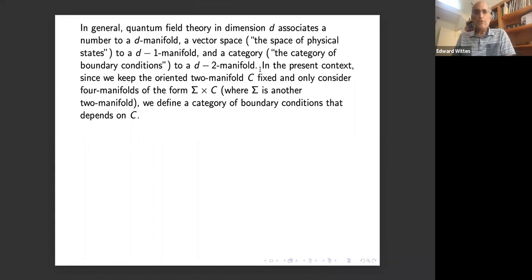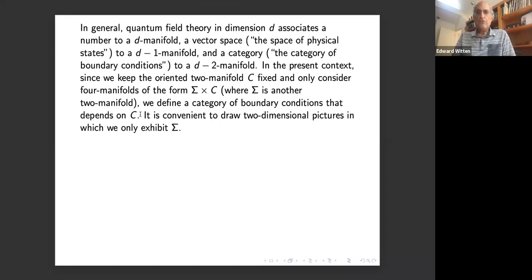In the present context, we will keep fixed an oriented 2-manifold C. So we will only consider 4-manifolds of the form sigma times C, where sigma can be any 2-manifold, but C is kept fixed. So we'll study a 4-dimensional theory as if it's a 2-dimensional theory that depends on C. And since we're in 2 dimensions, we can get a category of boundary conditions. This category of boundary conditions will depend on C.